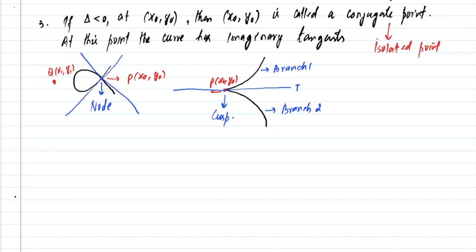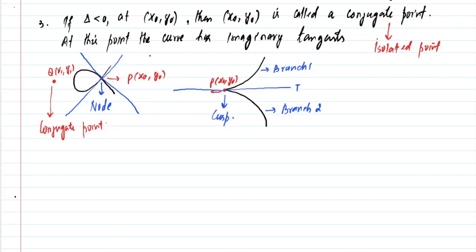So therefore we can think of them as imaginary tangents to this graph at this point Q. So we can say that this point is an isolated point or a conjugate point. In fact its better name is an isolated point.